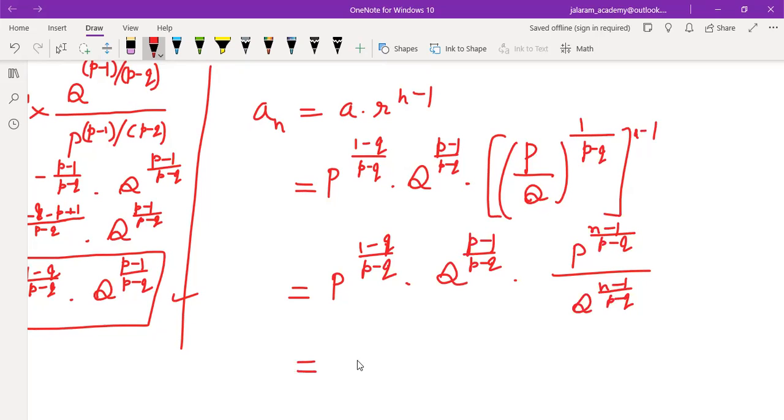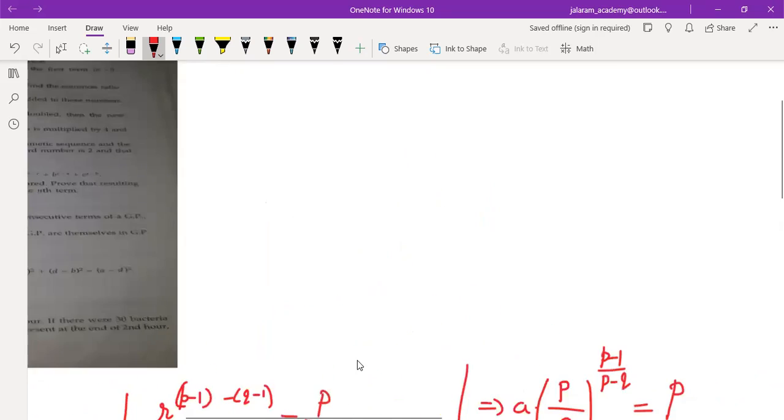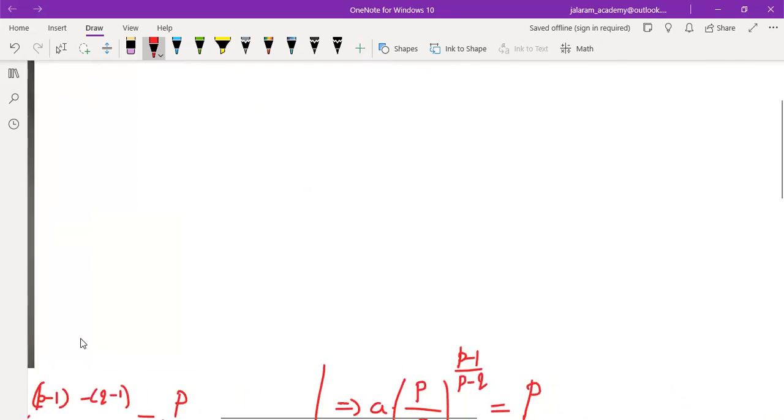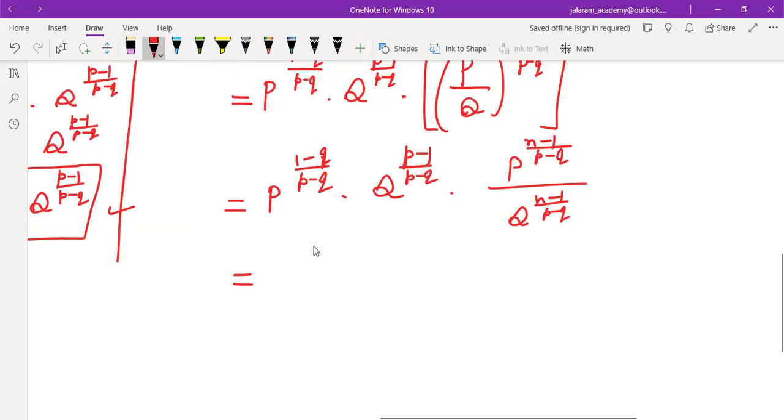Finally, we will write terms of P together, terms of Q together, and we'll take a hint from the question also. What we have to prove has P in the numerator, Q in the denominator. So write all the terms of P in the numerator and all the terms of Q in the denominator.